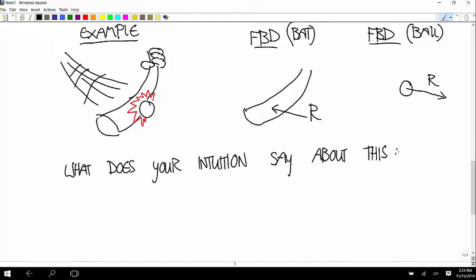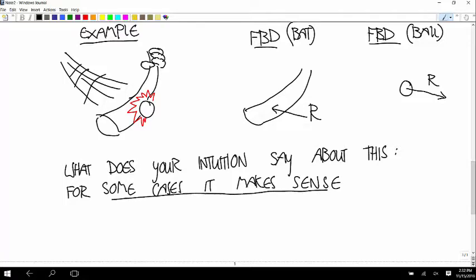There are some cases where this is pretty intuitive. You understand this pretty clearly. For some cases, it makes sense. So here's an example where you sort of know what's going to happen intuitively.